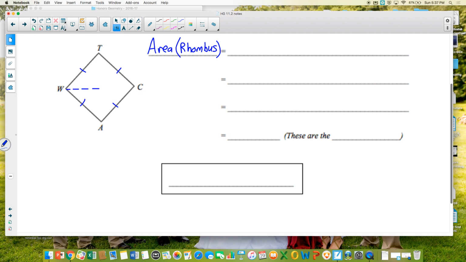We can draw one through the middle horizontally. And from right here, we know the area of this rhombus is going to be the area of triangle WTC plus the area of triangle WAC. So there's 2 triangles we can find the area of.